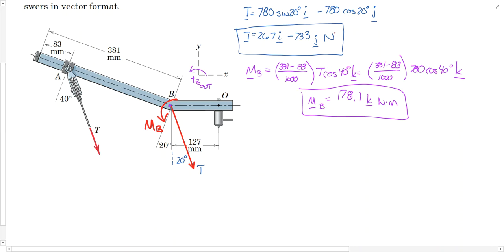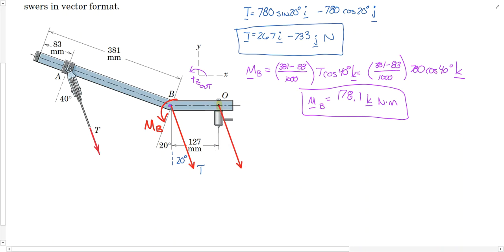I only have one force, okay? And we took this tension and turned it into another tension in a different spot with a moment. And so now I'm going to do the same thing. I'm going to take this tension and this moment, and move them over here to point O. So obviously the tension will be the same. So I'll just move him over.